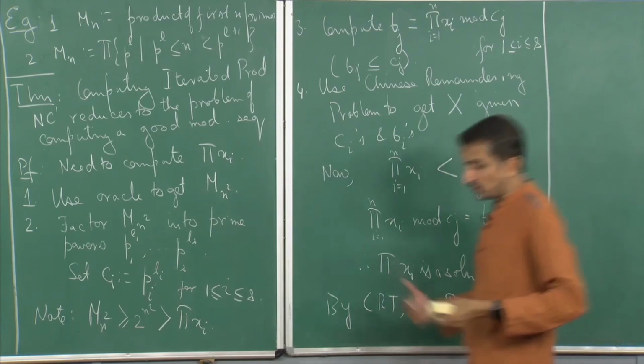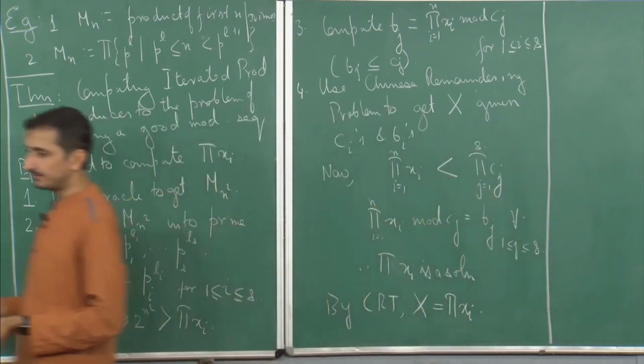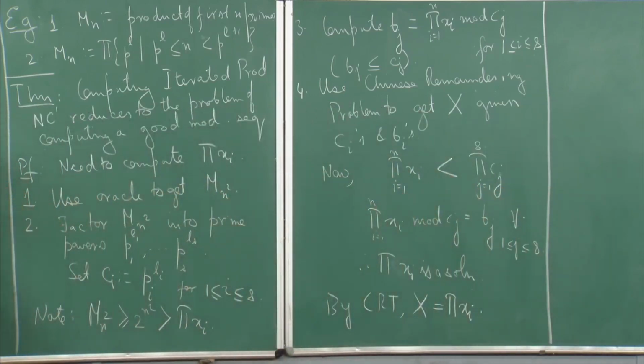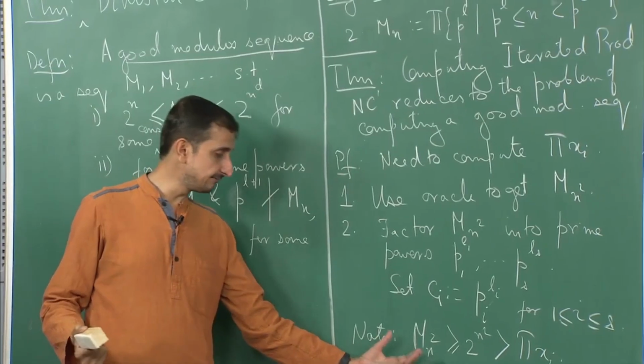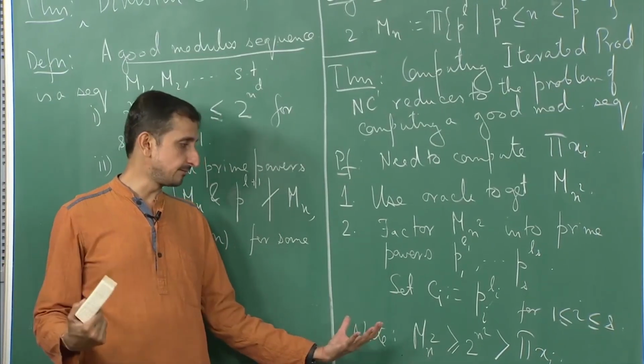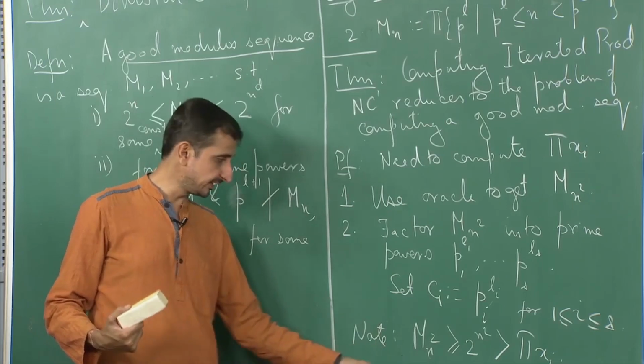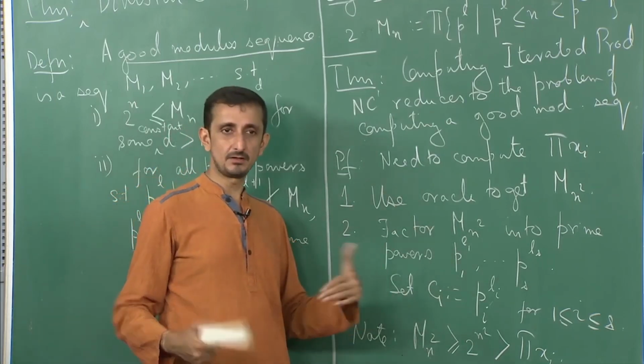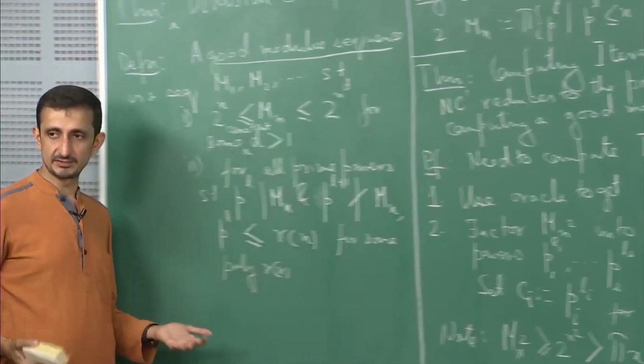Clear? So, what was the idea here? The idea was twofold, actually three things. One is that I am computing a number which is bigger than the product, and it has the property that every prime power that divides mn square is small, which allows us to factor it efficiently.